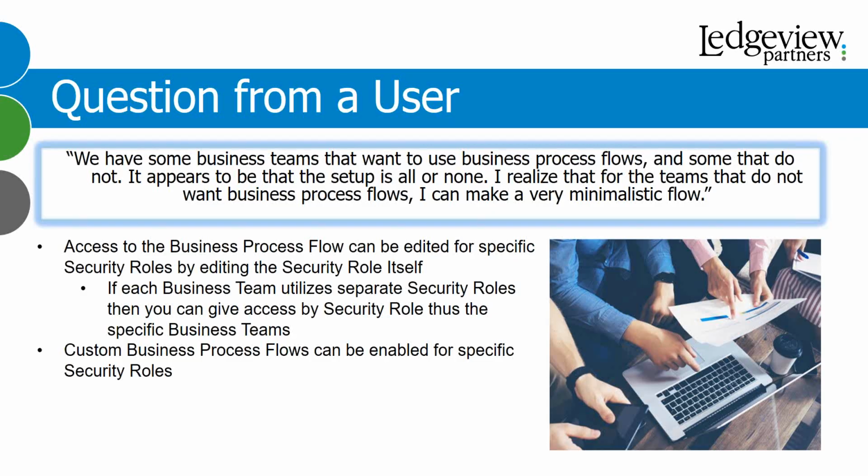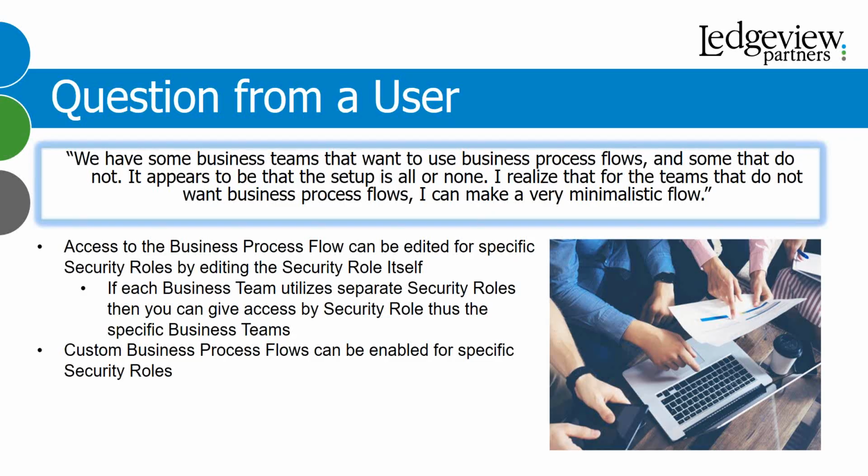Excellent question. And actually, for business teams, there are a few different ways we can set this up. It depends on your specific sales process in terms of the best way to set this up. But one way to do it is through security roles. Now, the out-of-the-box business process flows have a security setting right in security roles where you can edit those security roles.